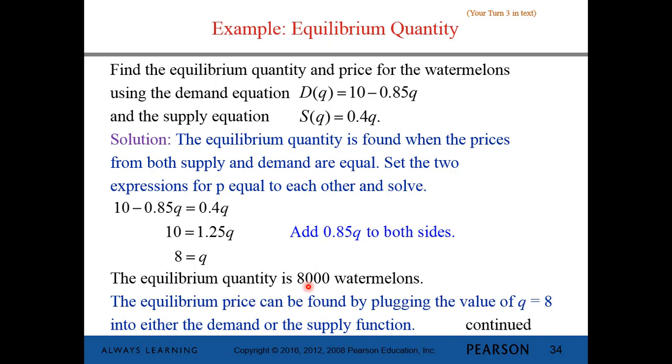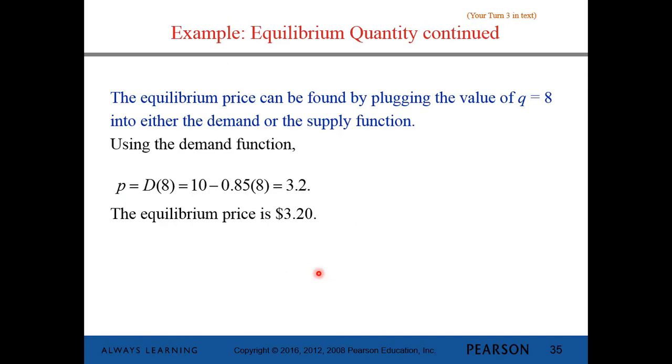So the question is, what price do we need to set it at in order to get there? That's going to be the equilibrium price. What you have to do is just take the 8 and plug it into either one of these two equations, and you will get your equilibrium price. The equilibrium quantity is 8,000, so what's the equilibrium price?